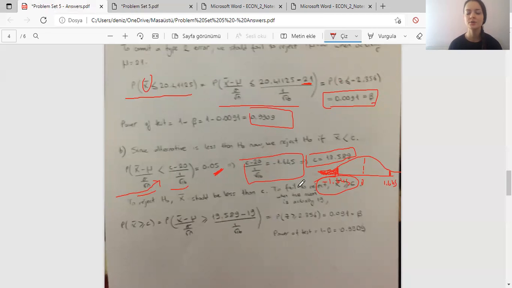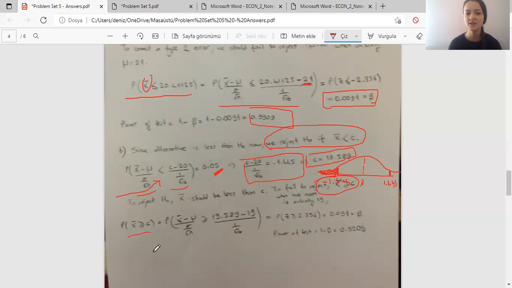So in order to commit a type 2 error, we must be unable to reject the null hypothesis, but in fact the null hypothesis must be wrong. Okay, so in order to not reject, X bar should be greater than C value we have found here. Why? Because we were going to reject H0 if X bar is less than C. So if X bar is greater than C, we won't reject it.